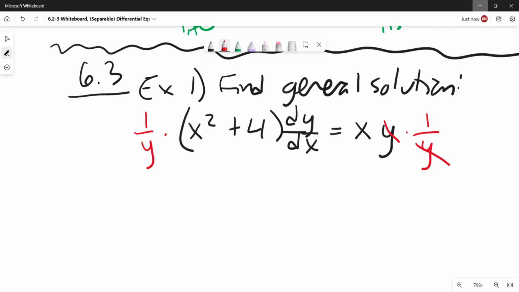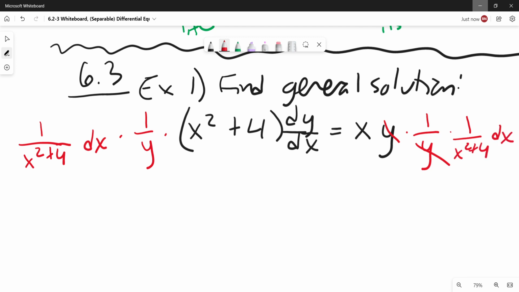And the dx is going to have to be on the right side, so that means the left side is going to have to get multiplied by, let's see, 1 over x squared plus 4 dx. Right, and same with this side, 1 over x squared plus 4 dx.